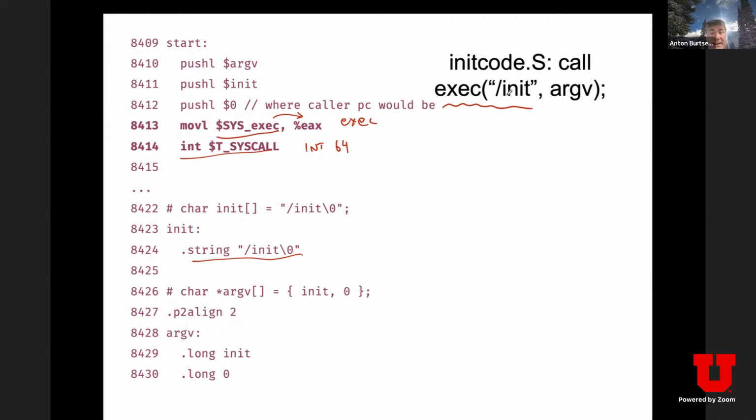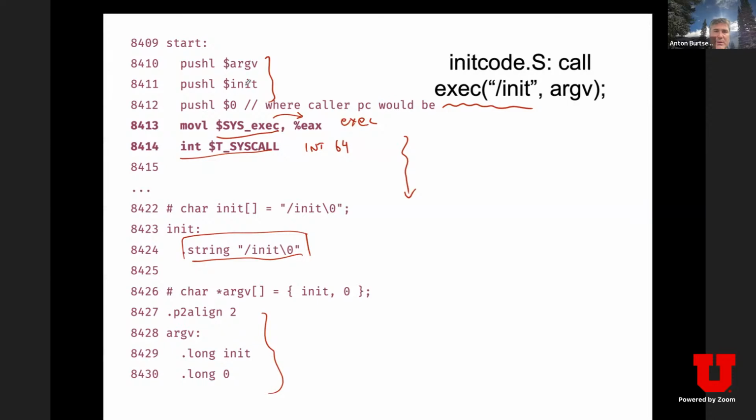Init process, exec, we already know how exec works. So we know how the address space of this first process will be replaced with the memory of the init, right? It has a string in the data section, and it has this argv array, which it creates here on the stack, and it just passes them to the system call, everything by hand. But you can imagine that it can be done.